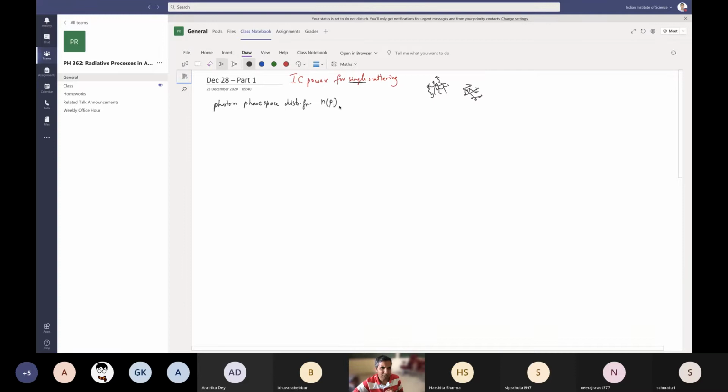So N_p d3p is equal to the number of photons per unit volume which have a momentum at p to p plus dp.